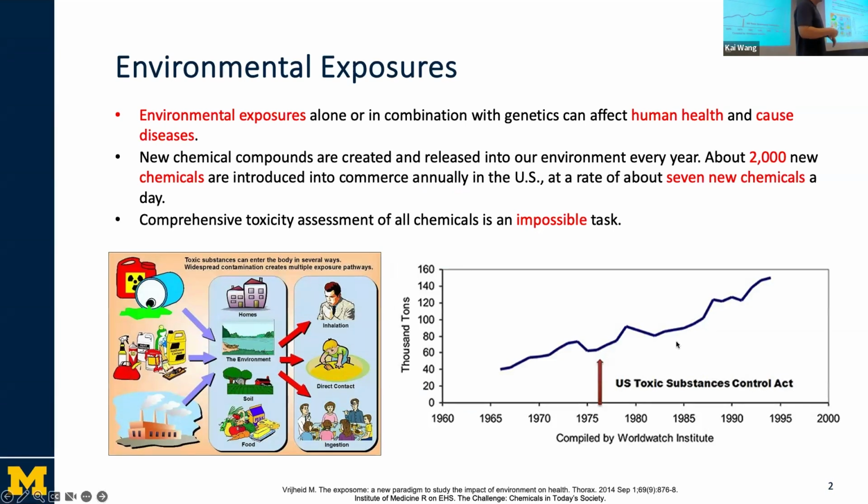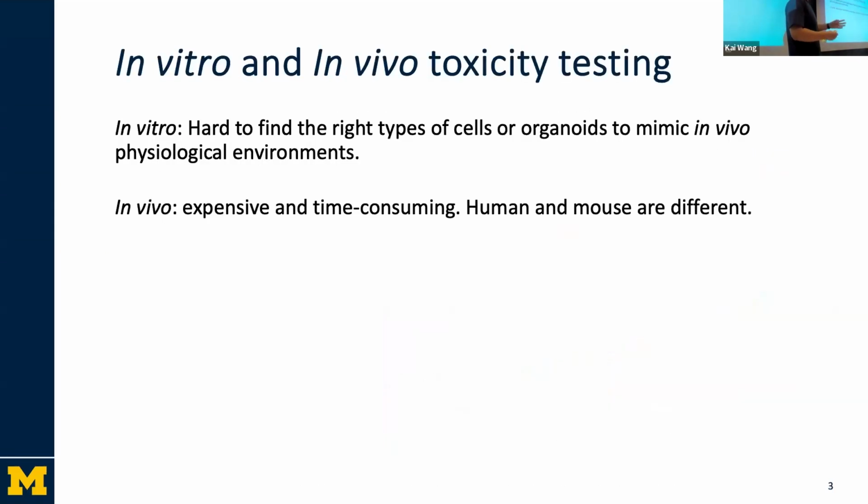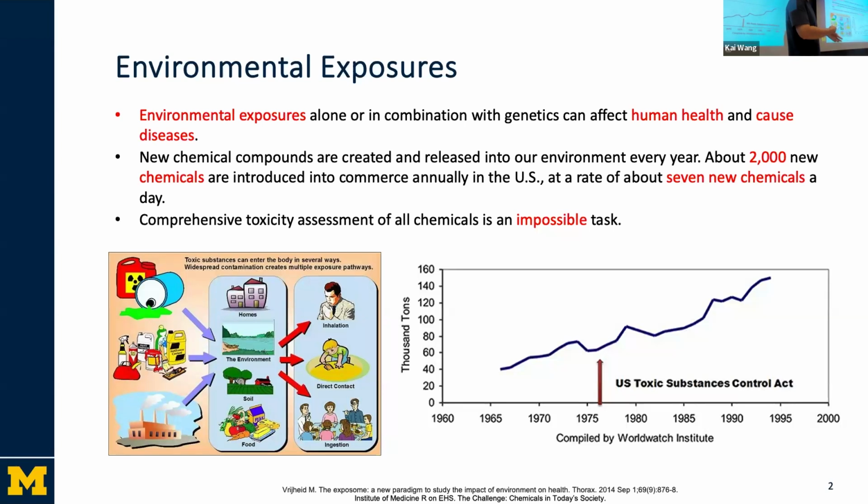Based on a news report, every year there are 2,000 new chemicals released to the environment, and some of these chemicals are not good for our health. So every day we have 7 new chemicals released to our environment.